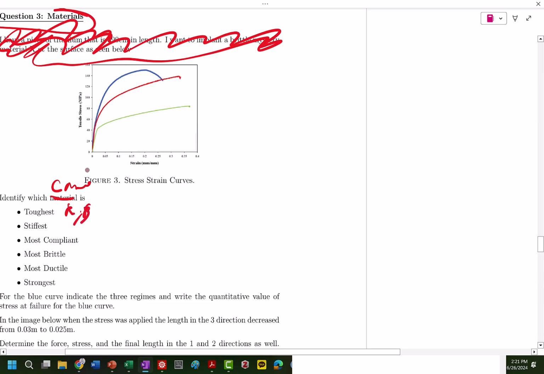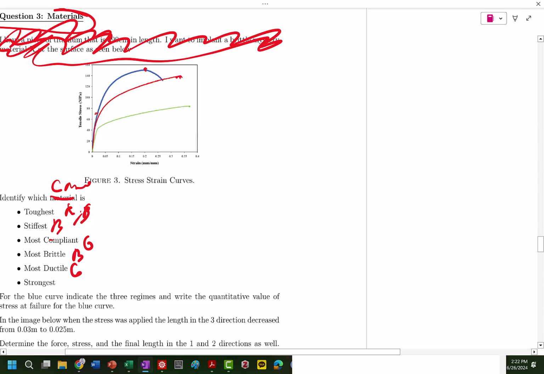But for stiffest, I would definitely say blue looks to be a little bit stiffer, but red could be okay. Most compliant must be green. Most brittle must be blue. Most ductile must be green. Strongest, again, depends. Yield strength, I would say blue. Ultimate tensile strength must be blue. Failure stress, I would actually say red in terms of stress at failure.